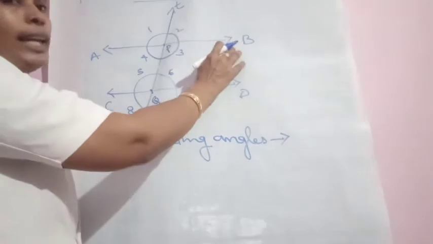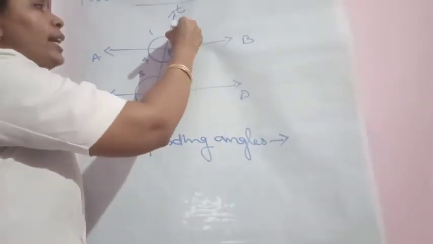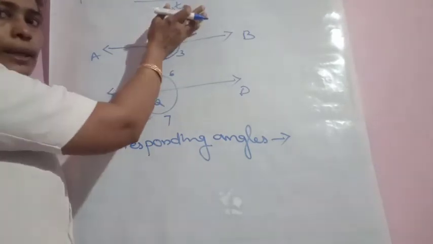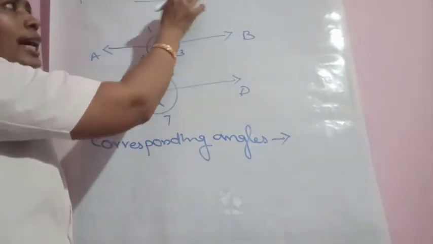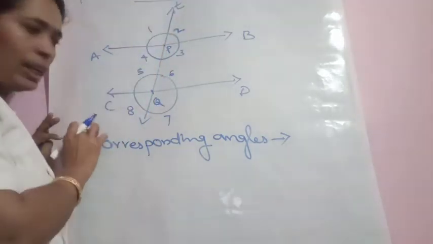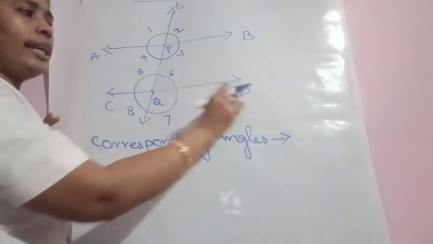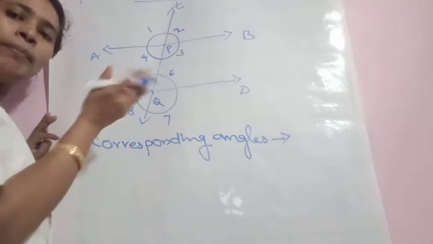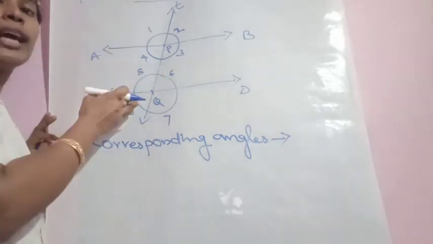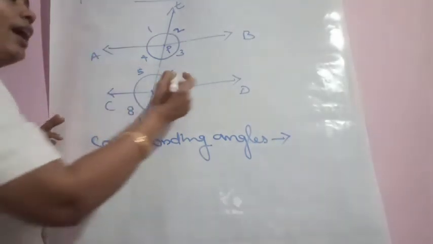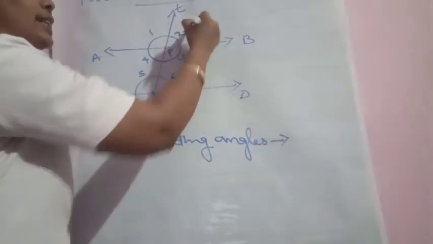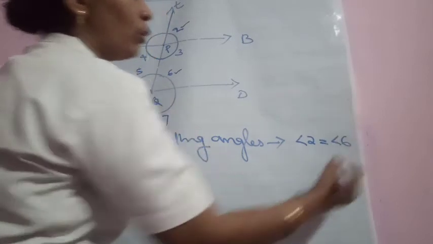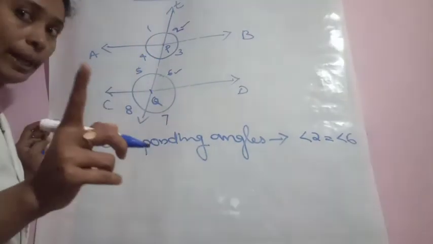Suppose if you take AB, if teacher is taking 2, how can we define 2? Above AB and on the right side of the transversal. Is there any other angle on CD in the same position? Above CD and to the right of the transversal. Here comes 6. So 2 and 6 is one of the pairs.